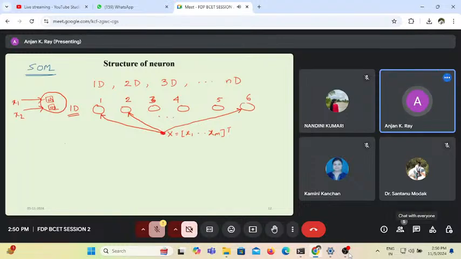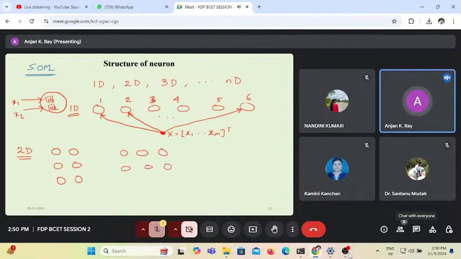Okay. Now what happens if we have a 2D network, a 2D structure? If I arrange these 6 neurons into a 2D structure, it will be 1, 2, 3, 4, 5, 6. Or it may be like this: 1, 2, 3, 4, 5, 6.